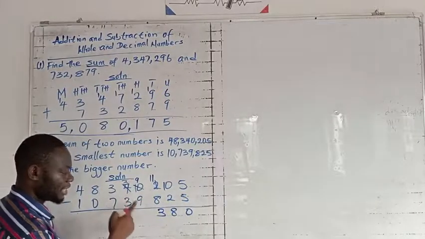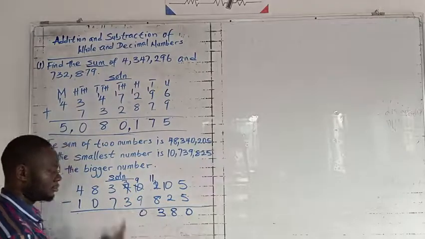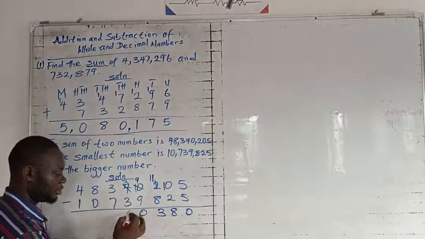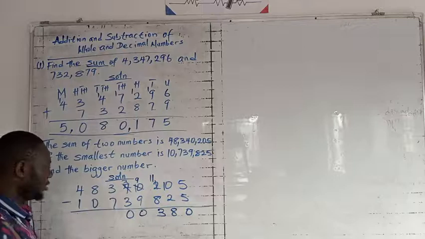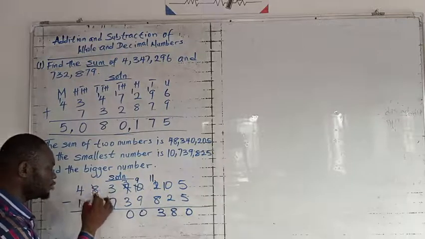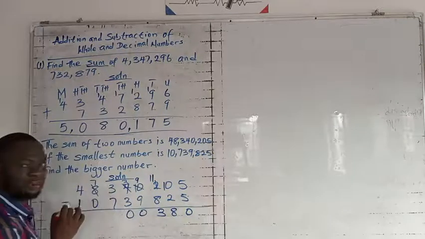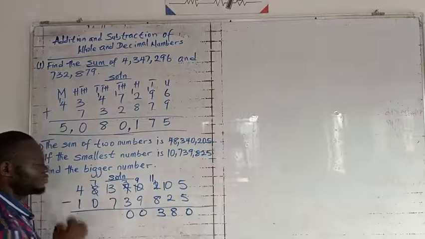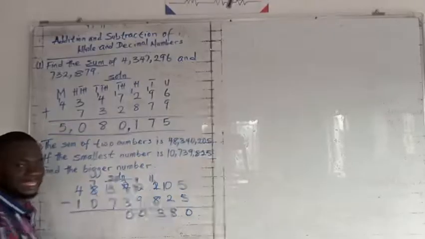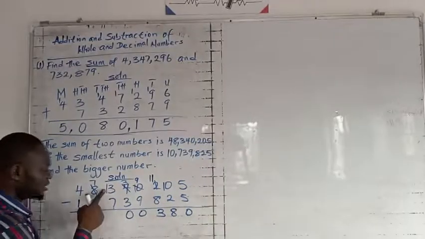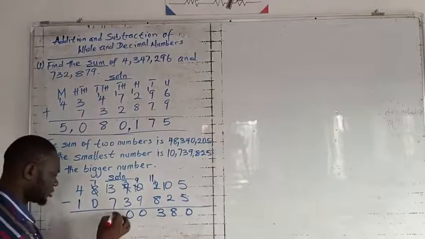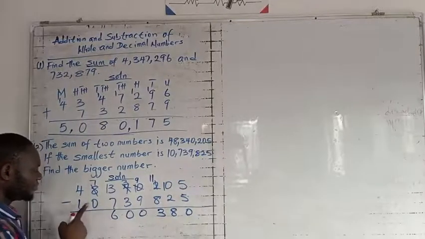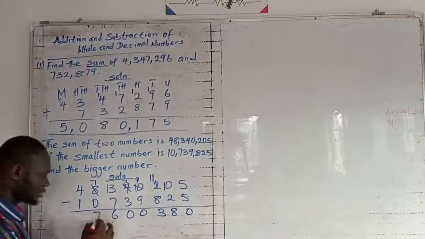9 minus 9, 0. 3 minus 3, 0. 3 minus 7, can it go? No, it can't go. So we come to 8 and we borrow 1 from 8, 7 will remain. We put that 1 before 3, it becomes 13, no more 3. Now 13 minus 7 is what? 6. 7 minus 0. 7.